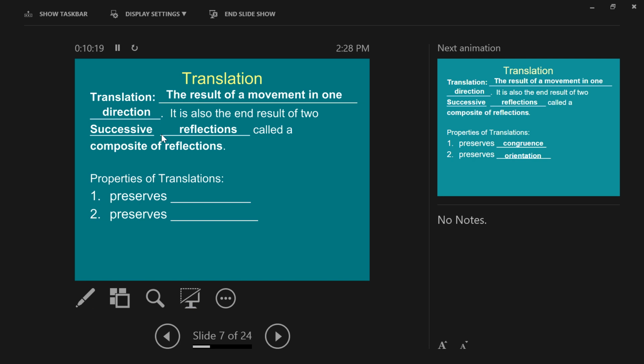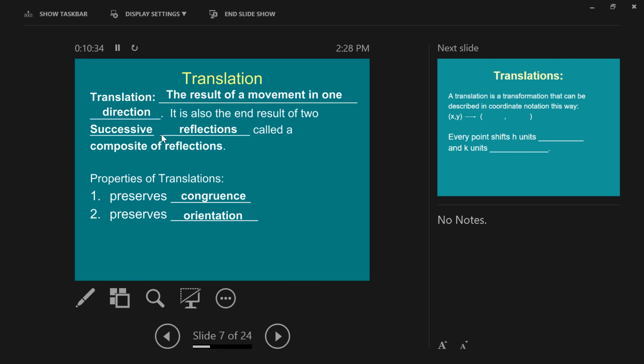Now, when we're dealing with properties of translations, two things are always going to hold true or preserve. Every time you have a translation, it's going to stay the same shape or size, which would mean stays congruent, right? The original one and the new one, same size, same shape. And their orientation will stay the same.